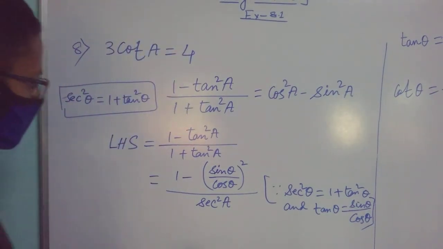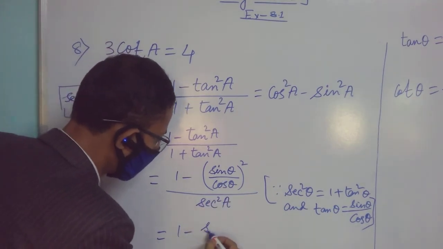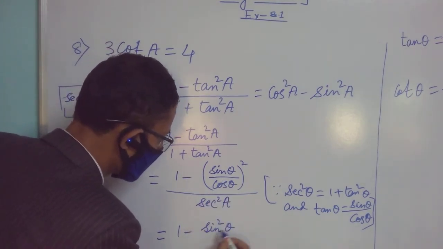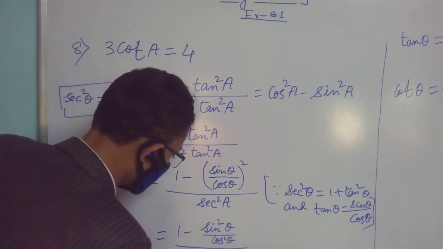Now we have 1 minus sin square theta by cos square theta over sec square theta.